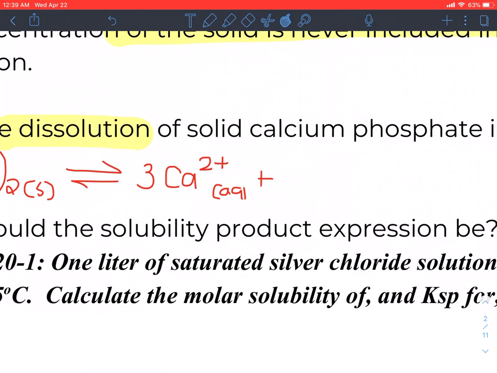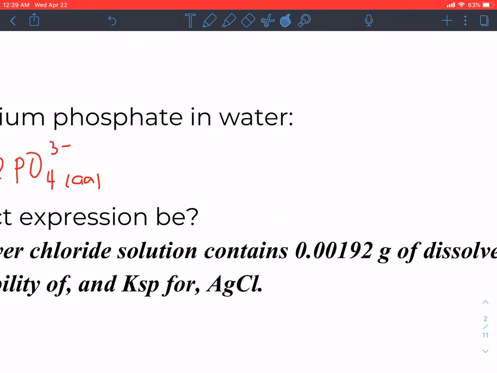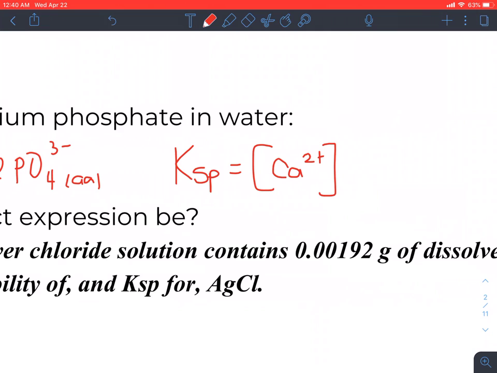for every 2 PO4 3 minus ions. Now remember, this is one that dissolves very slightly soluble. So if we were to write a KSP for this, we're going to include Ca2 plus raised to the power of 3, phosphate ion raised to the power of 2.